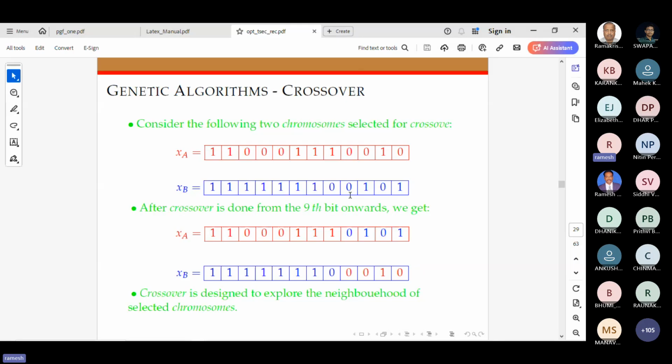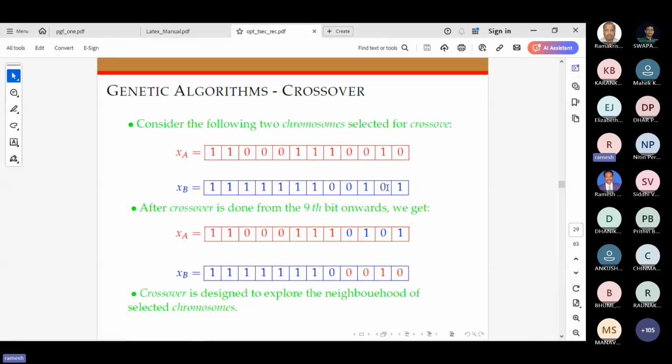And once you do the selection, you call for a random number which will locate the position from where the crossover has to take place. Now here, suppose from this bit onwards towards the last bit. So these two get crossed over. That means this 4-bit segment will come here, and this 4-bit segment will go here.